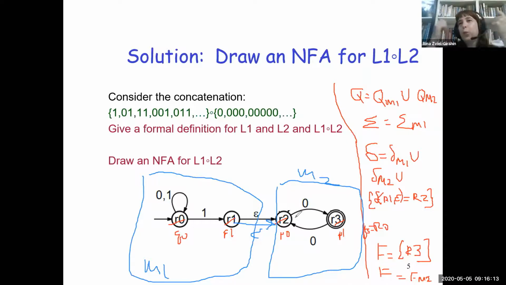You don't have to use your brain to understand that this 0 transition can be used here. With epsilon, you just draw epsilon and you don't change accepting and non-accepting states. But your solution is also a correct solution. Your solution was already one step towards a DFA.